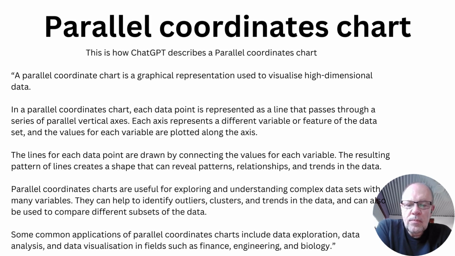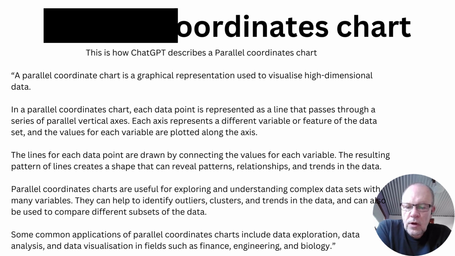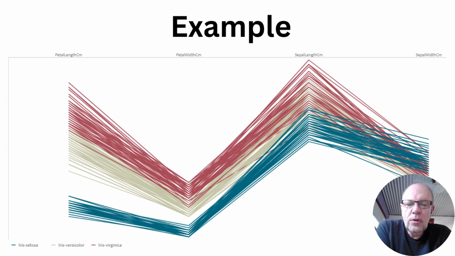And so that's generally a straight line, and it's good for showing the relationships and trends inside data. So some common uses might include data exploration, analysis, and some visualization. I'm going to move on to show you an example.